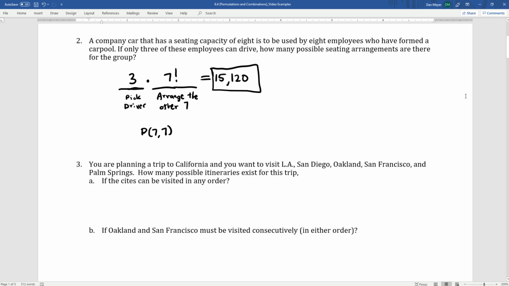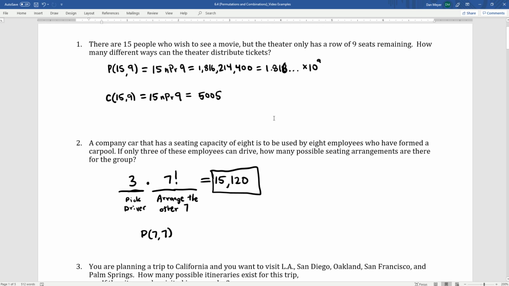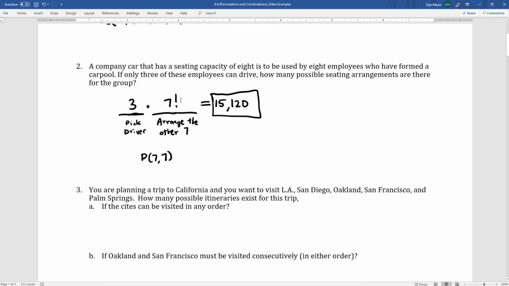So again, that was kind of a permutation with a twist. And I think we're going to see more of these kinds of problems than the classic permutation problems. It's important to be able to identify the straight up permutation problem. But these problems where we have to use the fundamental or the multiplication principle, where one of the stages is just a permutation, that's a lot more common.